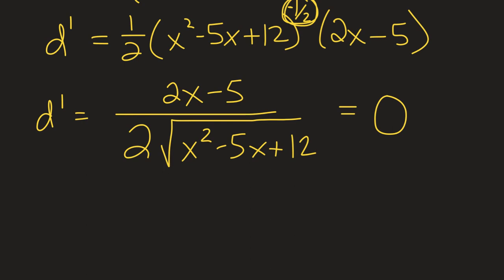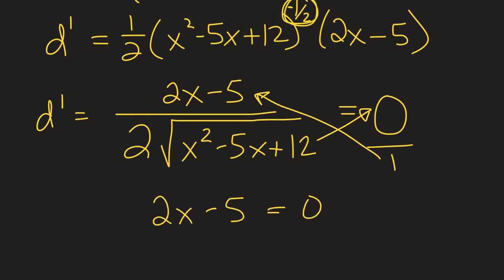Cross multiply, right? So when we cross multiply, we basically get 1 times the numerator and the denominator times 0. So yes, the numerator comes out to equal 0. So 2x equals 5. So x equals 2.5, or 5/2 if you want to write it as a fraction. It's okay with me either way.